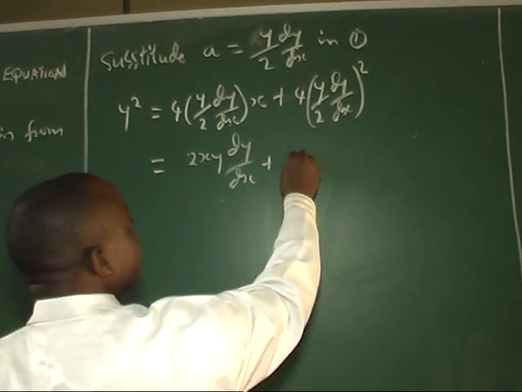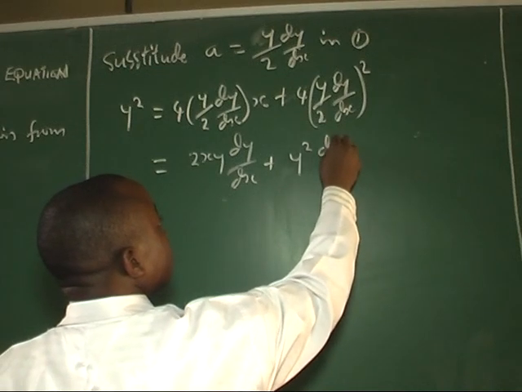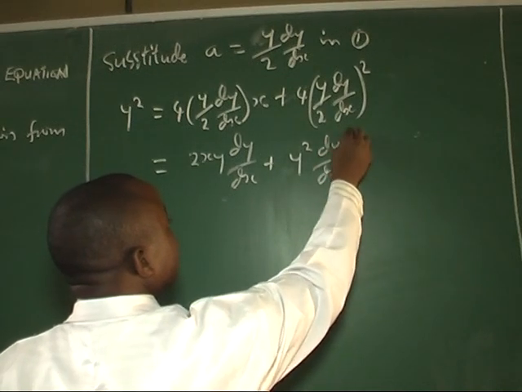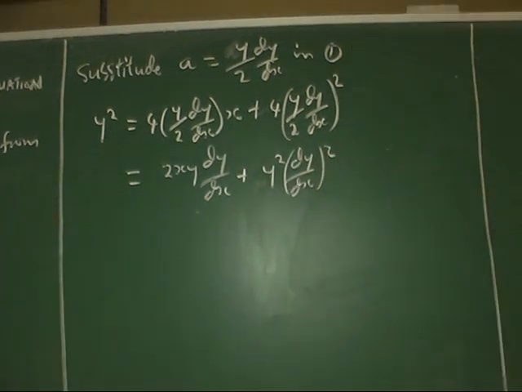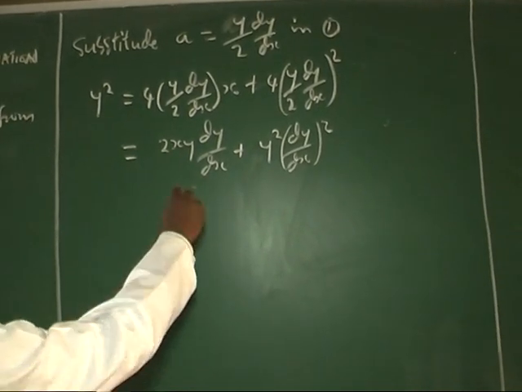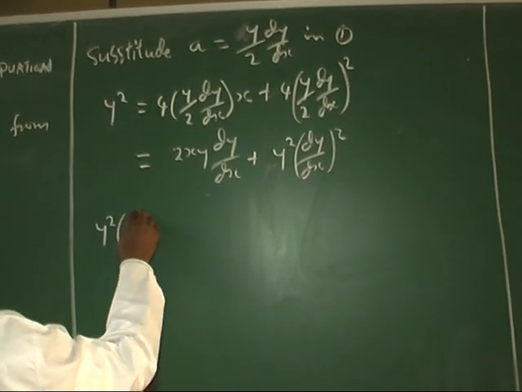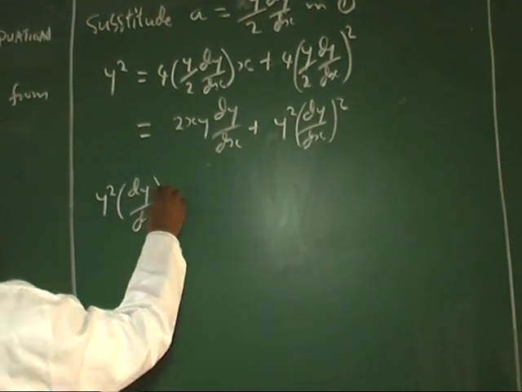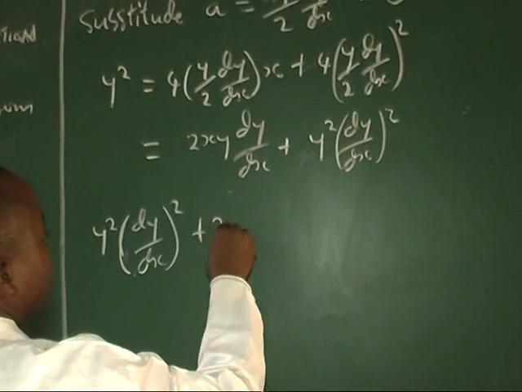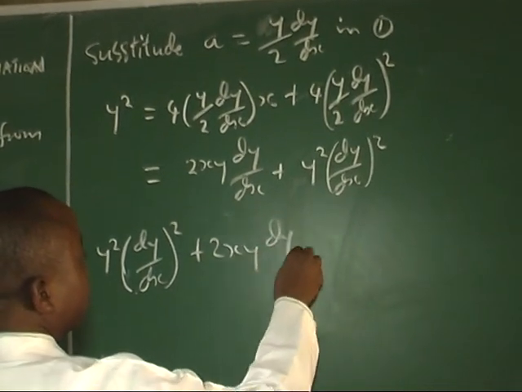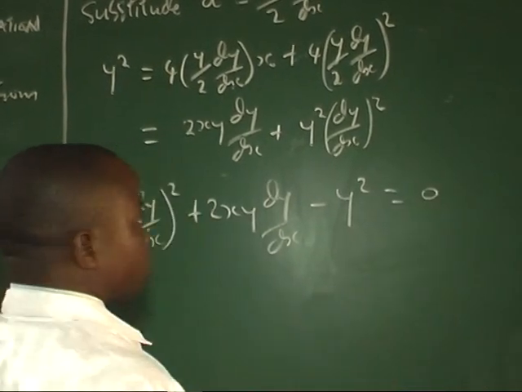So what we have here is y squared, then we have y all over x, y over x squared. So we then write that y squared divided by dx squared plus 2xy divided by dx minus y squared is equal to 0.